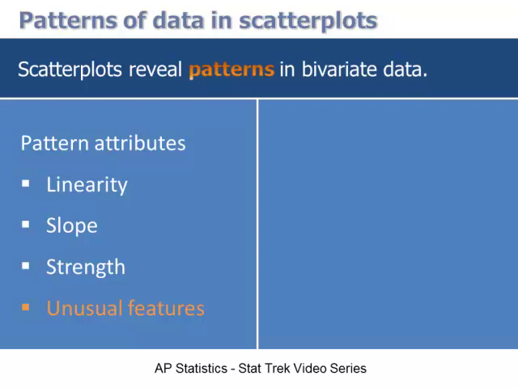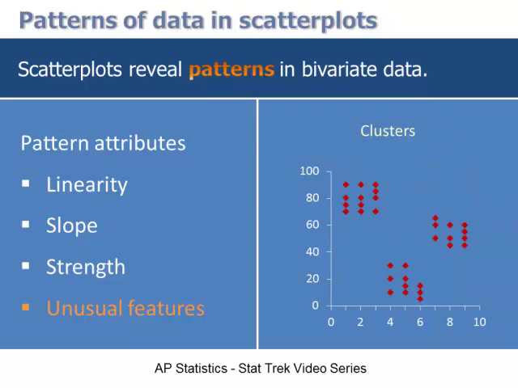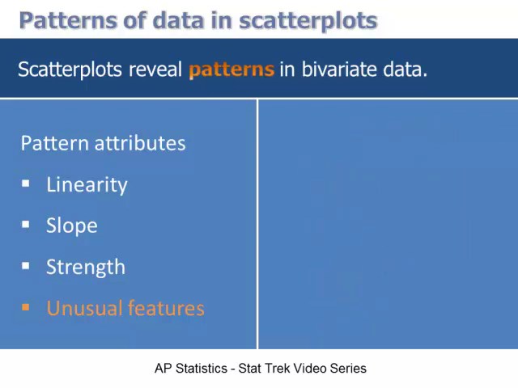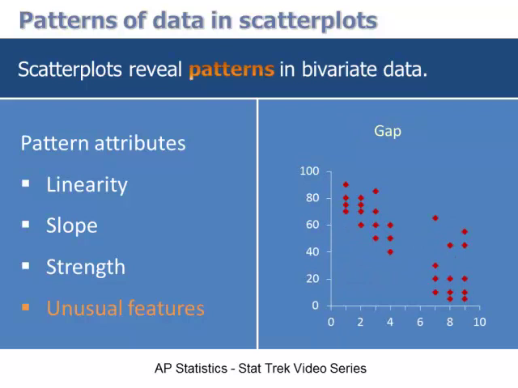Notice how this pattern arranges itself into 3 clusters. Here we have a gap with no observations equal to 5 or 6. And finally, this scatter plot shows most of the observations along a negative sloping line, but there is one outlier in the upper right corner.